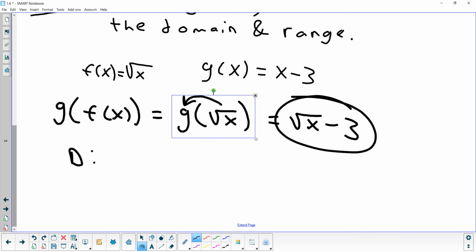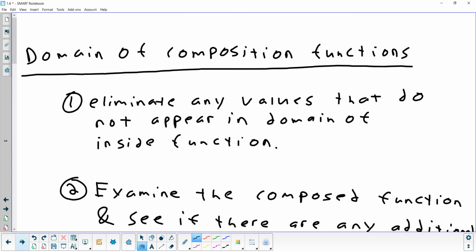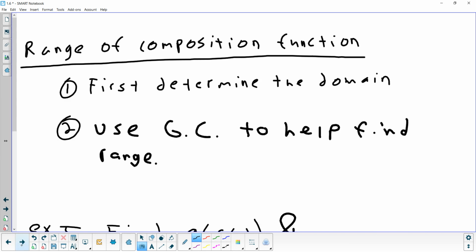Jake? Would you look at the original g of f of x, or would you look at the second one? The f of x? Yes, to get the domain, eliminate any values that do not appear in the inside function.